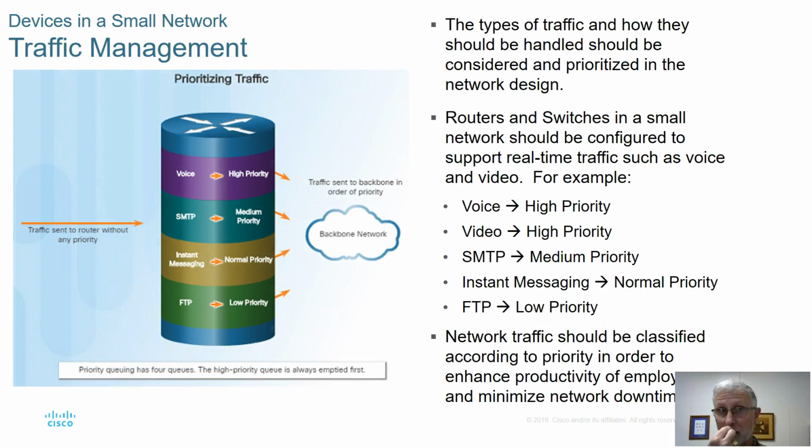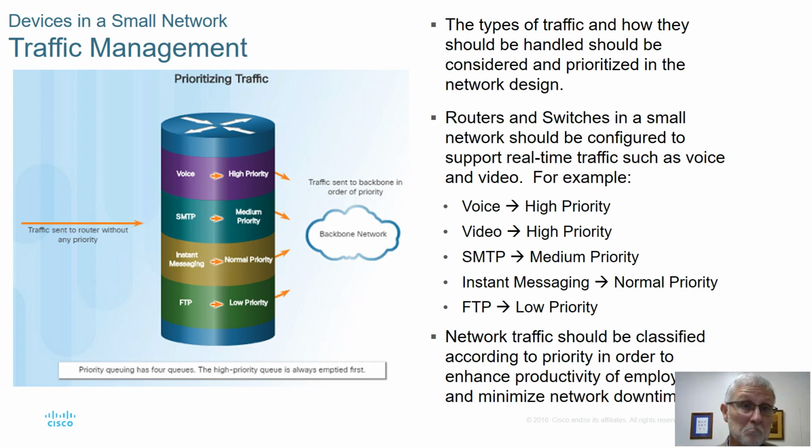Now, one of the other things you need to worry about is what kind of traffic am I going to handle? And what priority do I give it? Did the devices I purchase allow me to give different data priorities? Or did I buy something so old because I got it cheap that doesn't allow me to give voice and video high priority, because what?